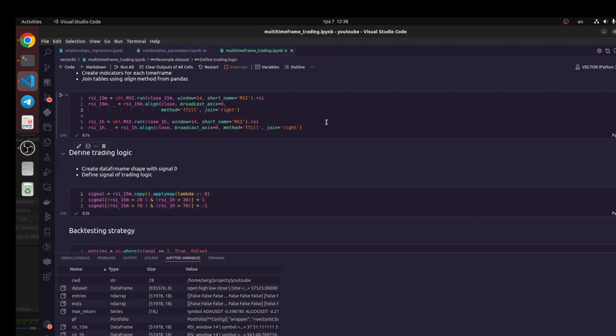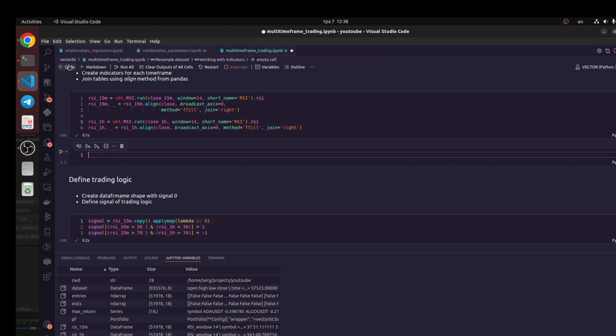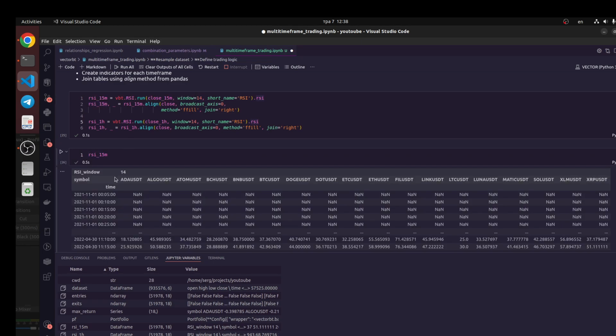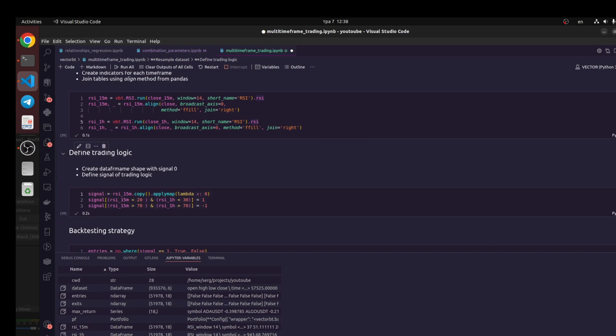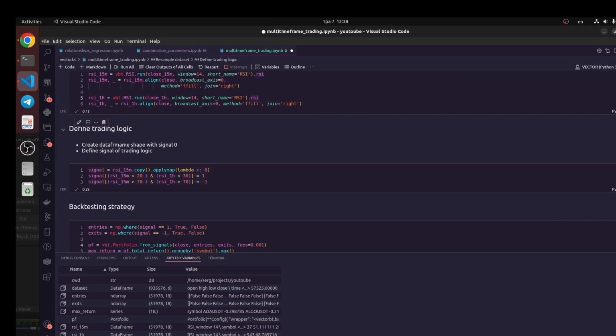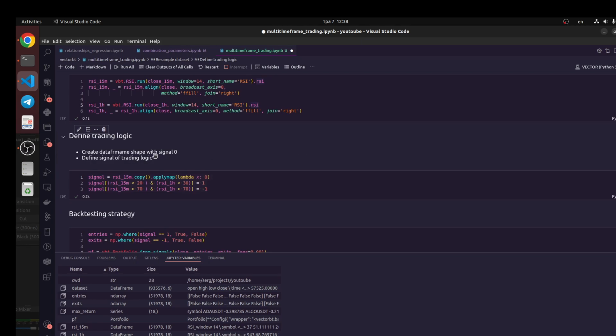Okay, let's print it out and look, for example. Okay, you see the interval for 5 minutes, but we combined all the data frames. Next, we need to define our trading logic.